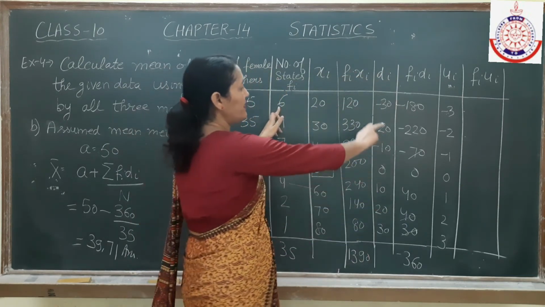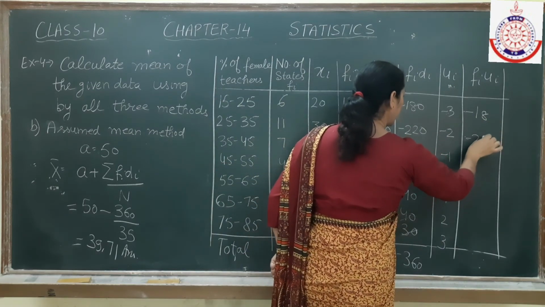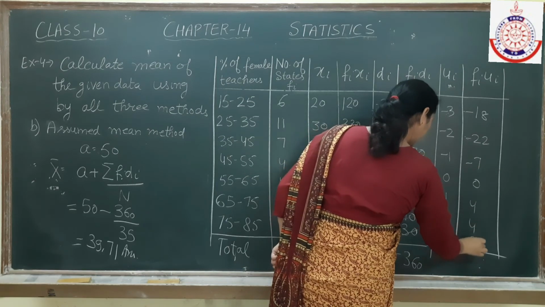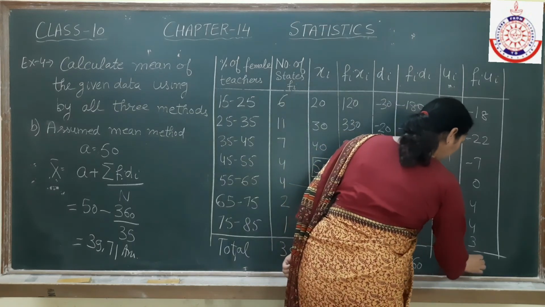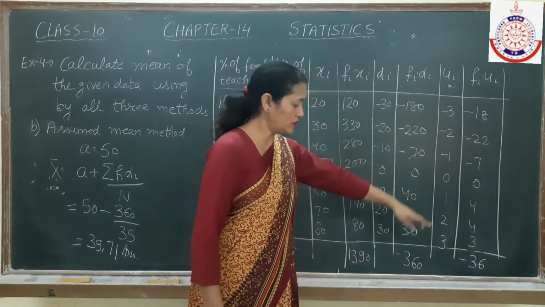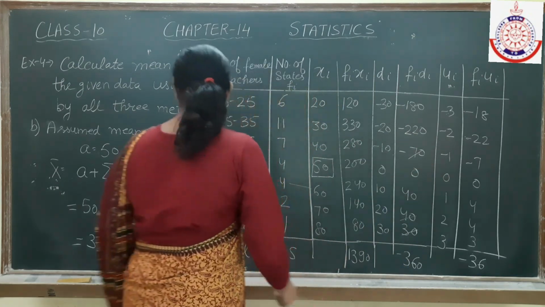So same values will come but without the 0. So minus 18, minus 22, minus 7, 0, 4, 4 and 3. And if you add these values, you will be getting minus 36. One 0 has got removed. So instead of minus 360, here we will be getting minus 36.